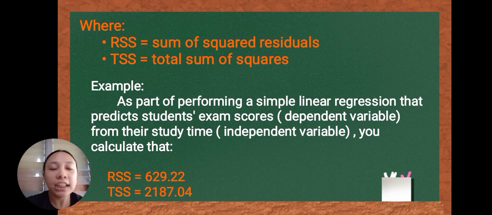Example: as part of performing a simple linear regression that predicts students' exam scores (dependent variable) from their study time (independent variable), you calculate that your sum of squared residuals is 629.22. Your total sum of squares is 2187.04.